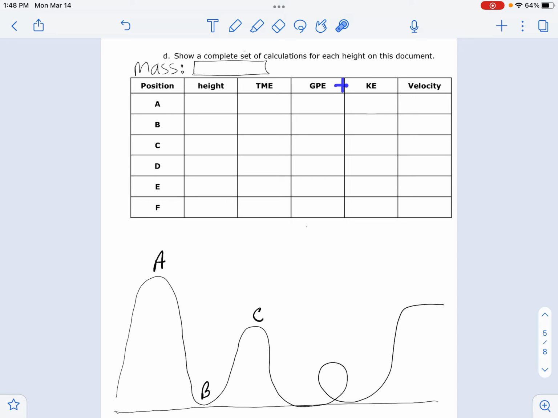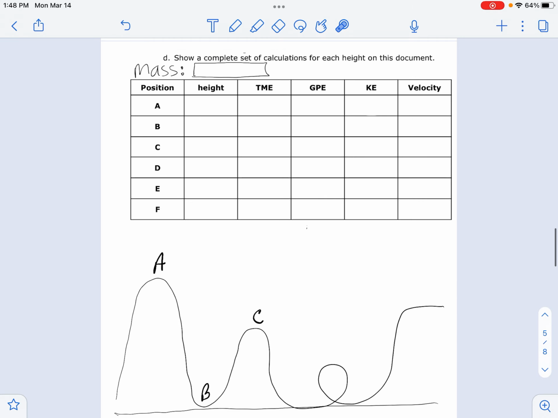When we add these two things together, they total the total energy. So you can find your GPE and your KE at any place and just add them together to get the total.